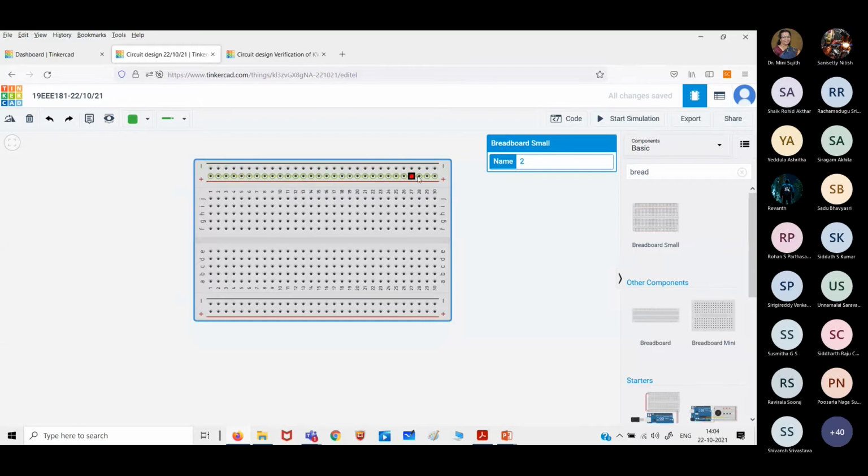It means that all are horizontally shorted. Horizontally shorted means that if you give any one of the points, you will have the same connection. That means either you would have given a positive supply here or a negative supply here. That is the meaning. Then here are the dividers.